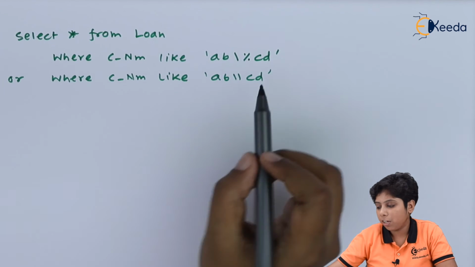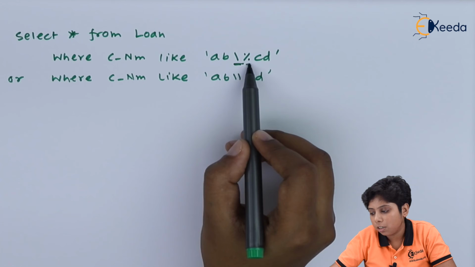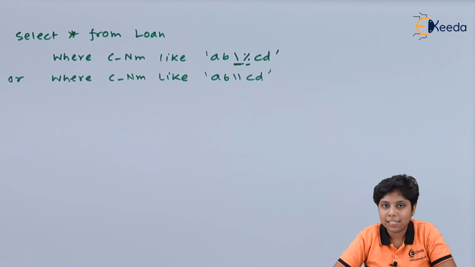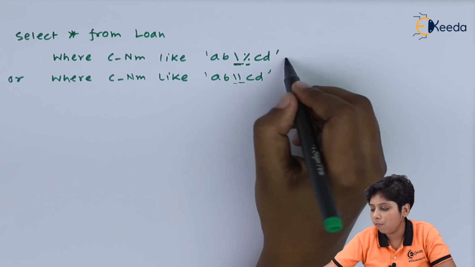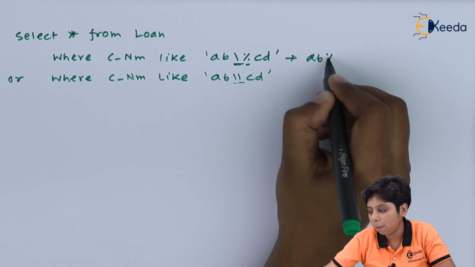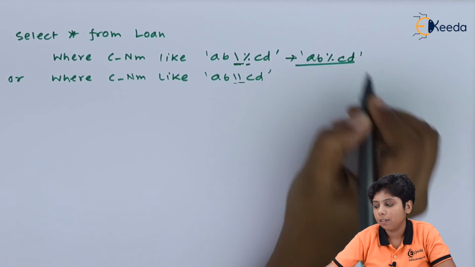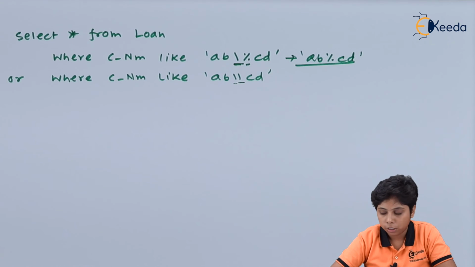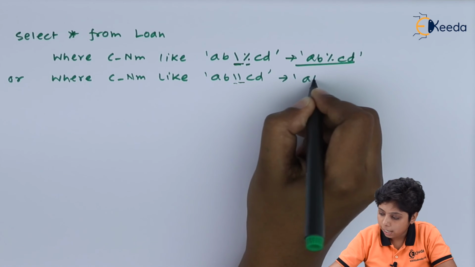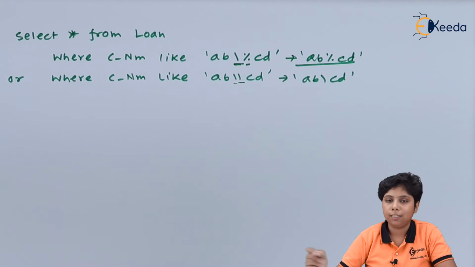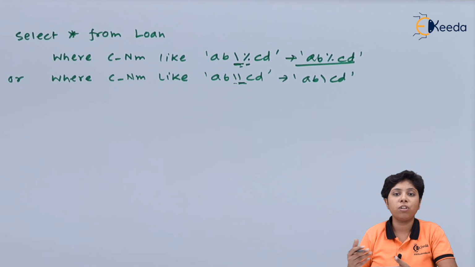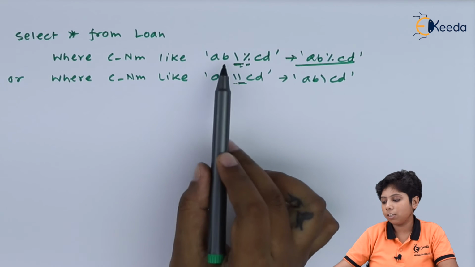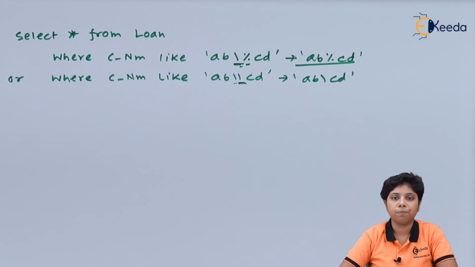Here we can see that we have used an escape character before the percent sign and before the escape sign itself in the second case. So in the first case we are matching the pattern AB percent CD anywhere inside the word, and in the second one AB escape CD. So to use the percent and escape characters which have a different meaning in this case, we are using this escape sequence.